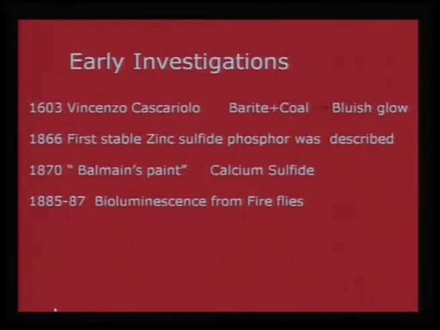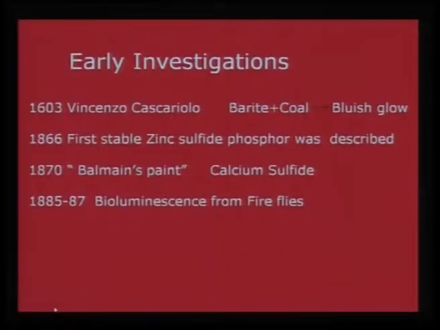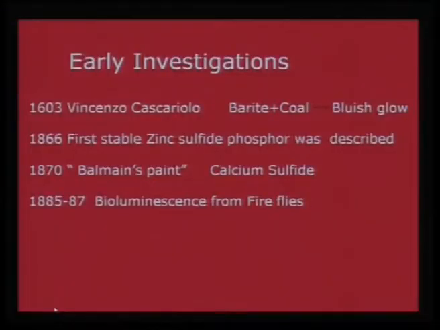Let me start first with what this phosphor history is all about and where it emerged from. It actually started as early as 1603. We have documents where an Italian scientist, an alchemist actually, found that barite, which is nothing but barium sulphate, when heated with coal, gave a bluish glow, which is actually due to the barium sulphide which formed.